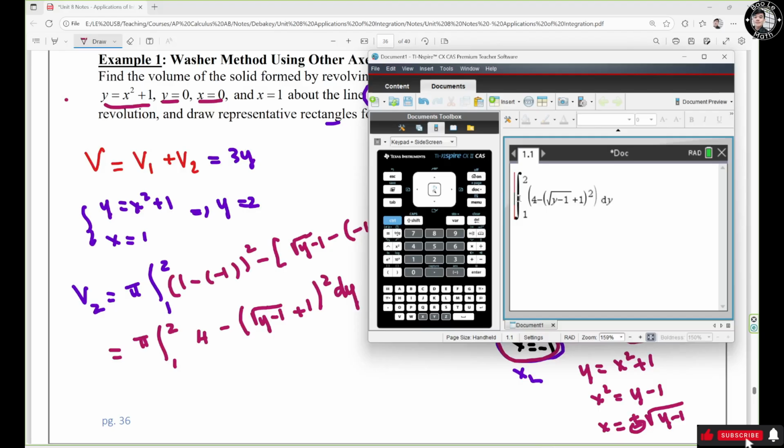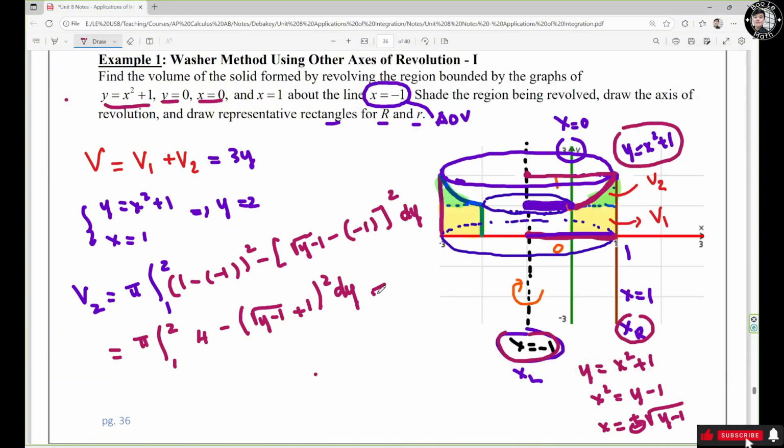Don't forget to multiply by pi, so I put pi in the front. And I hit enter. The answer is 7 pi over 6. So the final answer is 3 pi plus 7 pi over 6, so it could be 25 pi over 6.